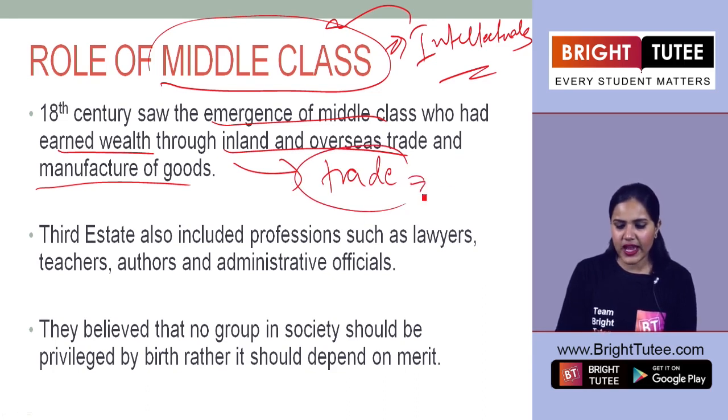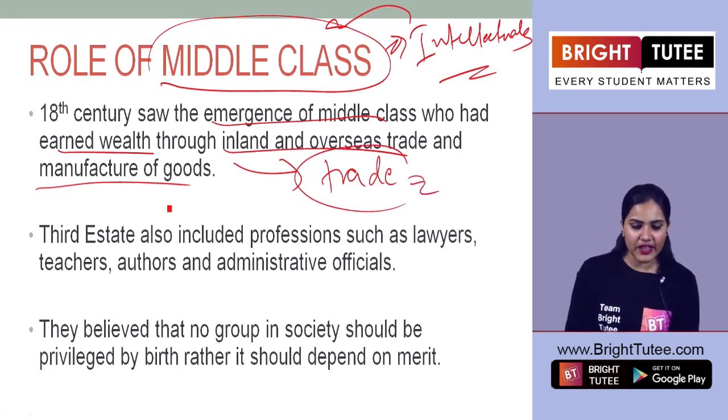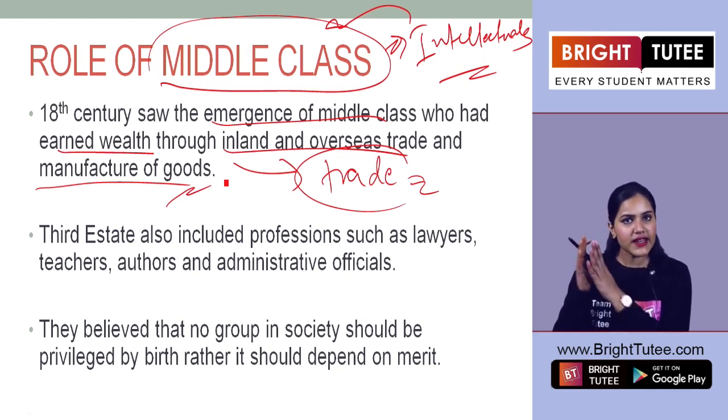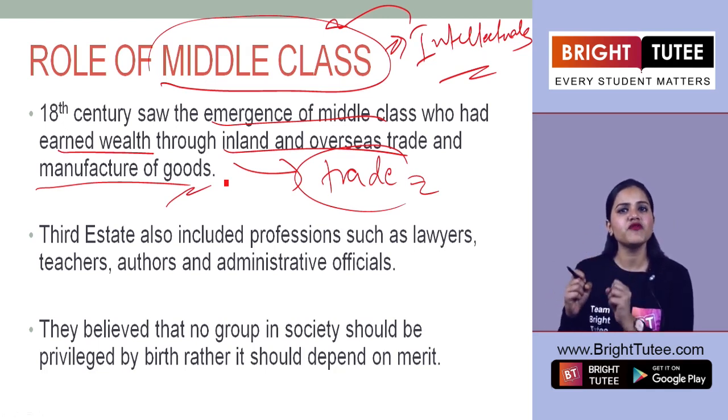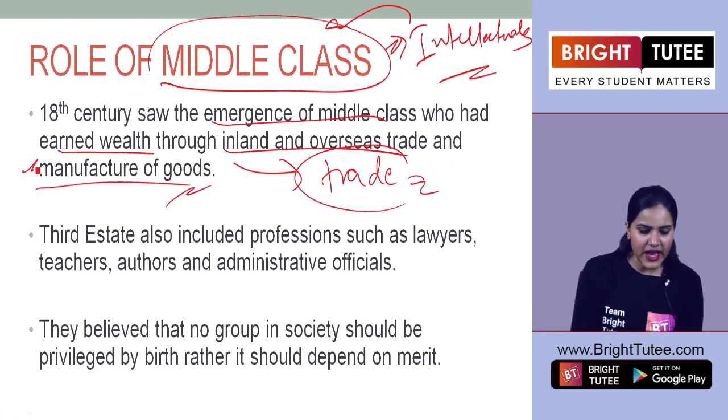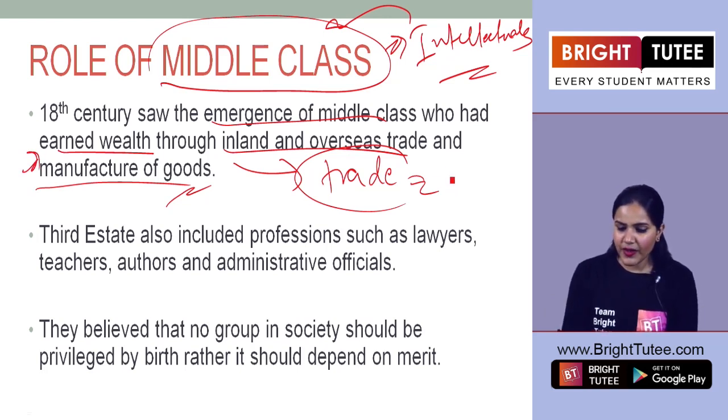That can be inland or overseas trade and through the manufacture of goods. It means that these people, they have some kind of power, though it is limited, but they hold some kind of power here because they have wealth and also they were educated.